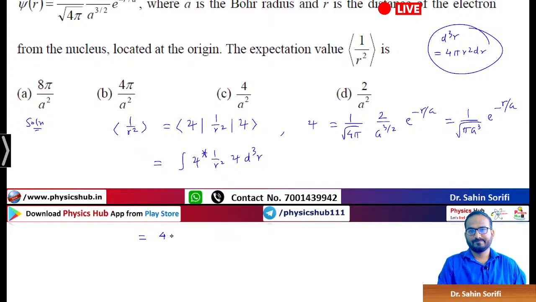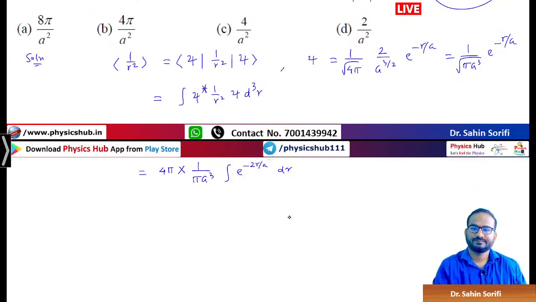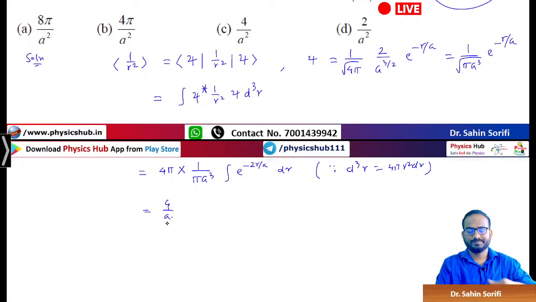So this is written as 4 pi integration, r square is getting cancelled, so psi star psi. So what you are left with is 4 pi into 1 by pi a cube, integration, r square is cancelled, so you are left with e to the power minus 2r by a and dr is dr. This is 4 by a cube.